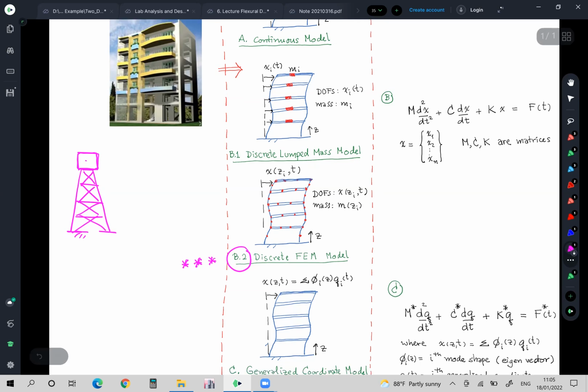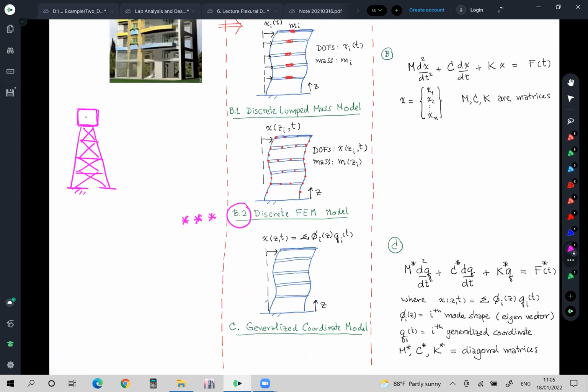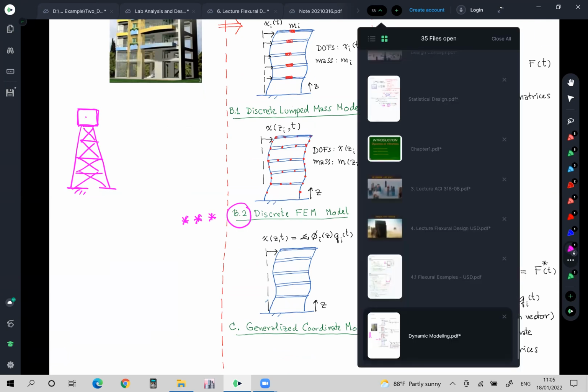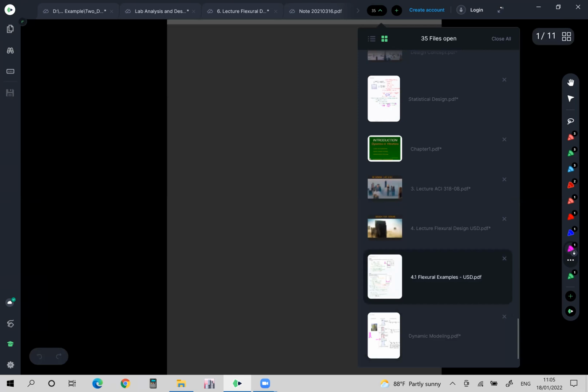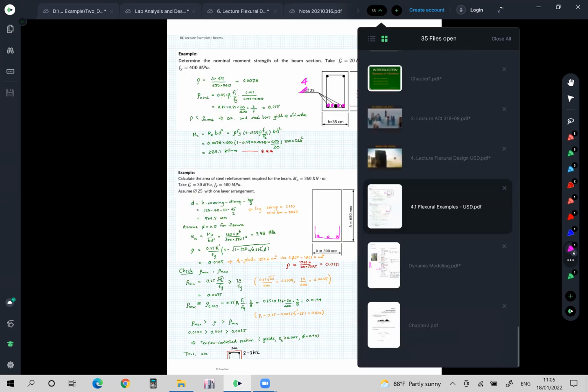Okay, that's why we will start with the single degree of freedom system now. Let me move to the next slide. It should be this one. Oh, no, sorry. Chapter 2.